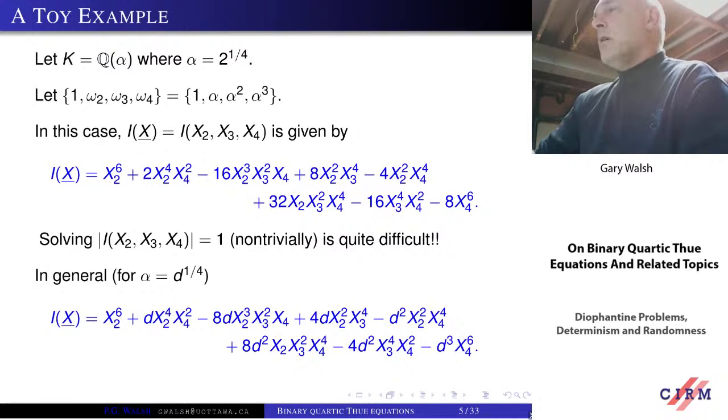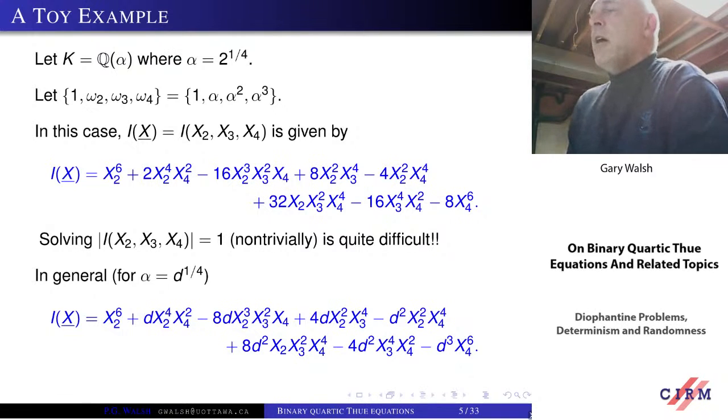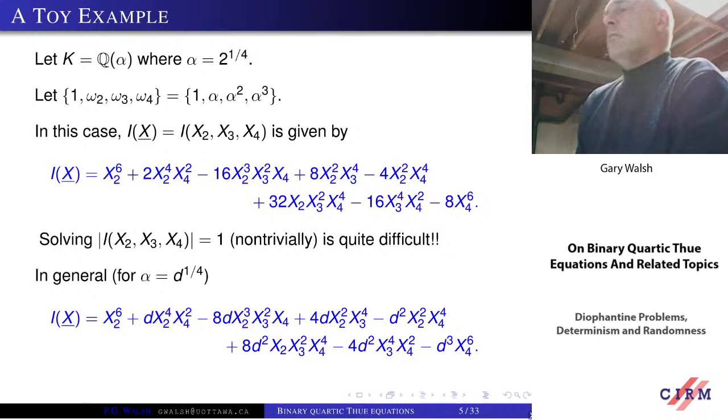So in general, if I replace the number 2 by any positive integer, or any fourth power free integer, or a square free integer, how are we going to go about solving the equation I of x equal to plus or minus 1?